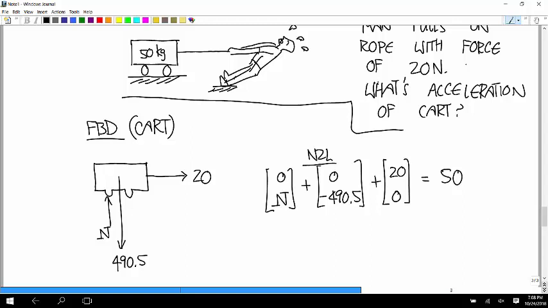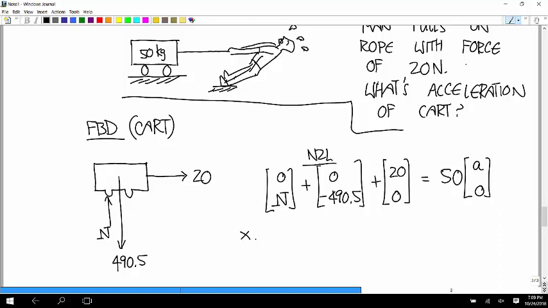I said last time that if you have rolling and sliding problems, there's not going to be any acceleration perpendicular to the surface. So I'm just going to call this a, 0. The acceleration is all going to be in the x direction. You don't have to worry about the signs; the signs will work out on their own. You just have to get the dimension right.